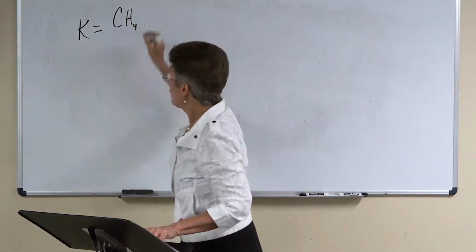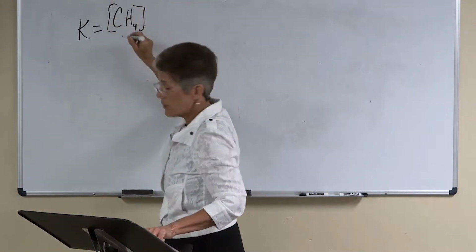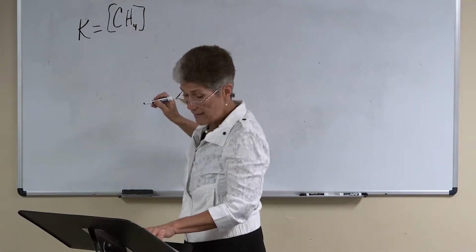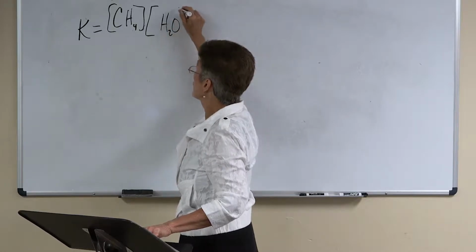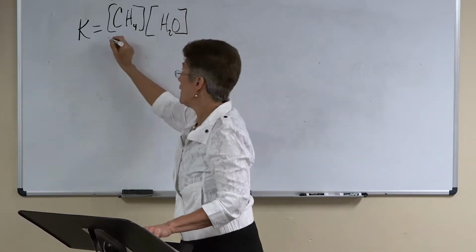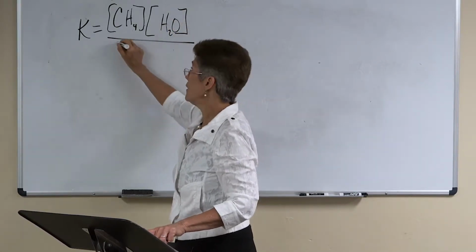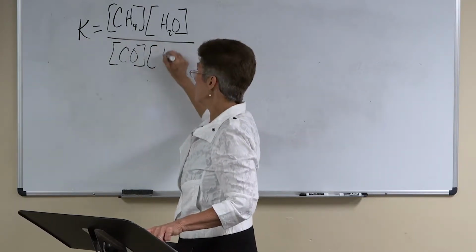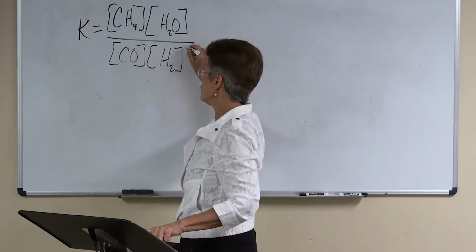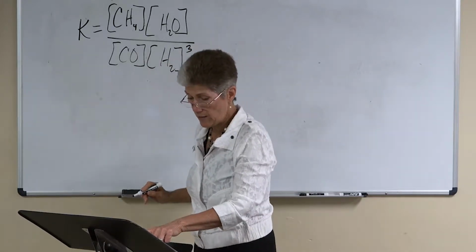and there's no stoichiometric coefficient there, so there's no exponent. And these are gases, so we can use them all. Okay, and then we do the reactants. Now this one, H2, has a stoichiometric coefficient of 3, so we're going to cube that there.